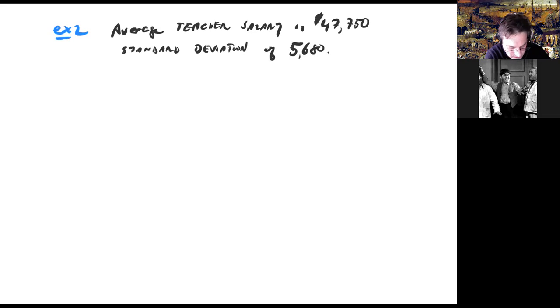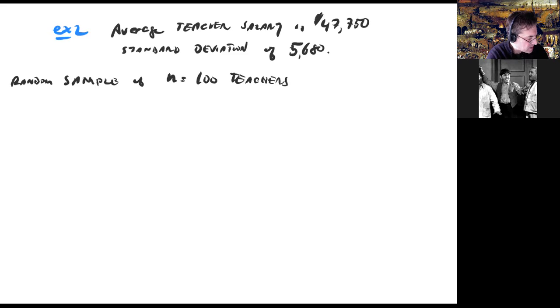So now we sample randomly n equals 100 teachers in the United States.